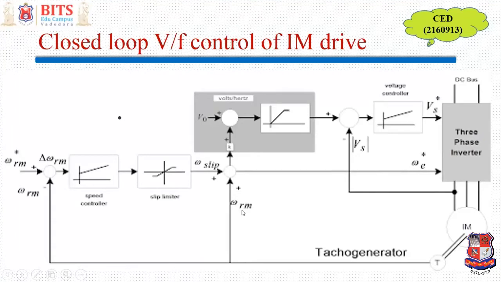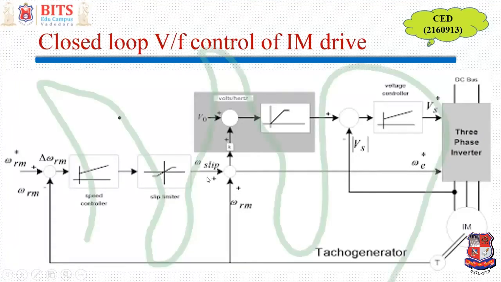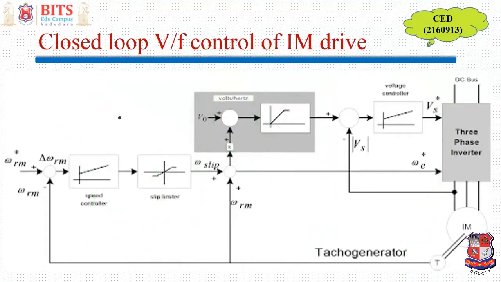Synchronous speed is nothing but actual speed plus slip. So this is something which we are supposed to understand, that this synchronous speed is already there. Now based on this speed, you generally produce the voltage command. That what is the required voltage.